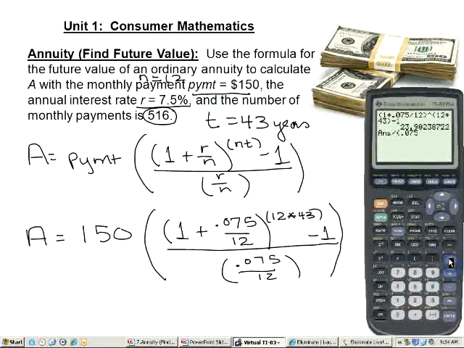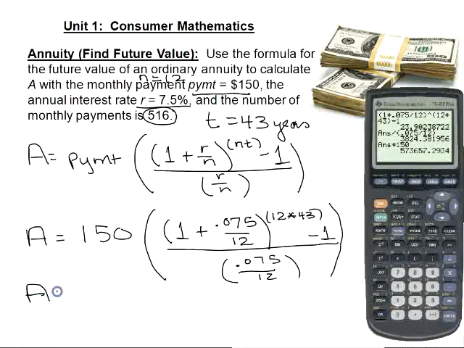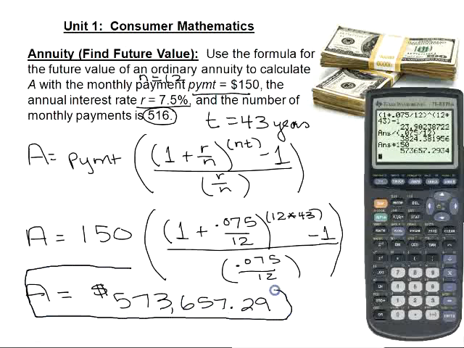Now we'll divide by parentheses 0.075 divided by 12, close parentheses, enter, and multiply that result by the $150 a month payment. So at the end of this investment, the end of this annuity, the person will have $573,657.29.